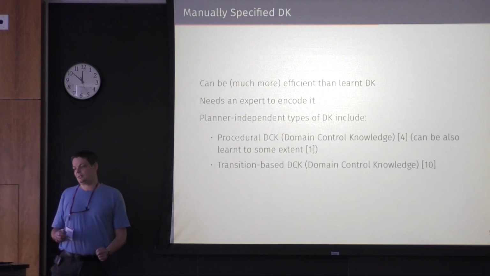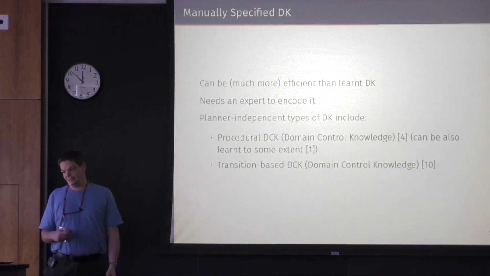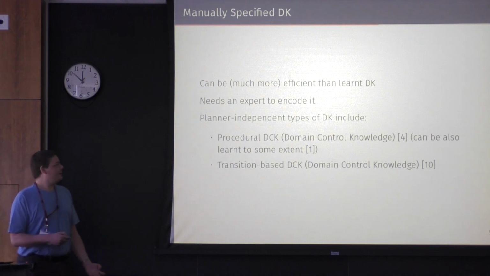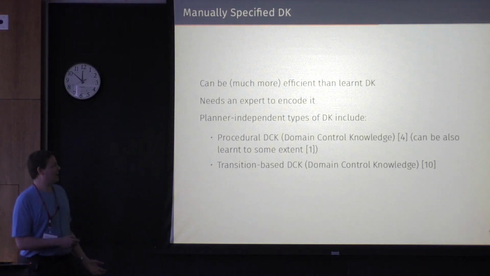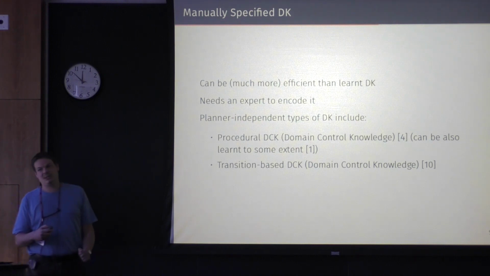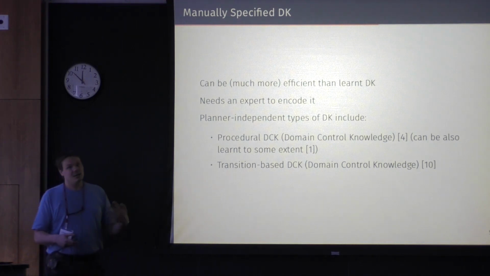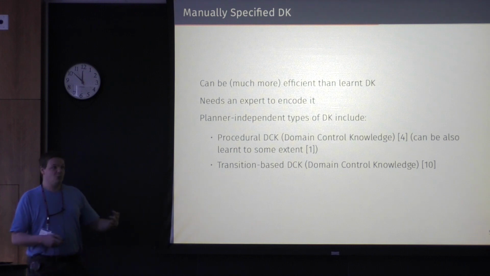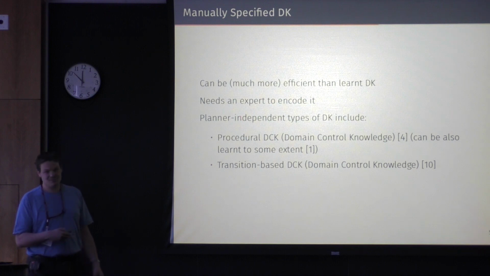There is another possibility for how to specify domain knowledge. If we do this manually, then often we can get much more efficient, enhanced models. Clearly we need some expertise, because if we manually encode domain knowledge, we need to know, for instance, how the plans should look, or whether there are other relations between actions in the model.